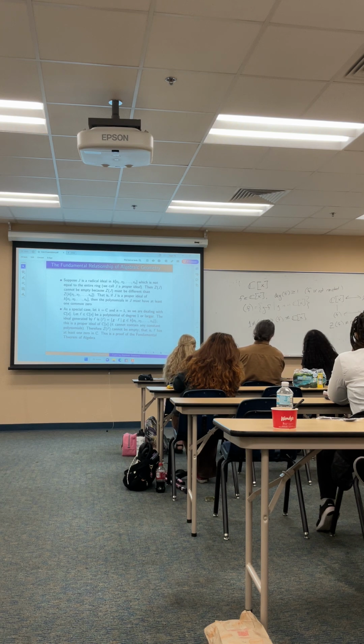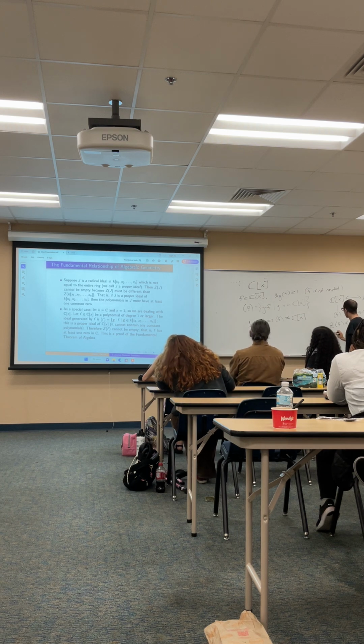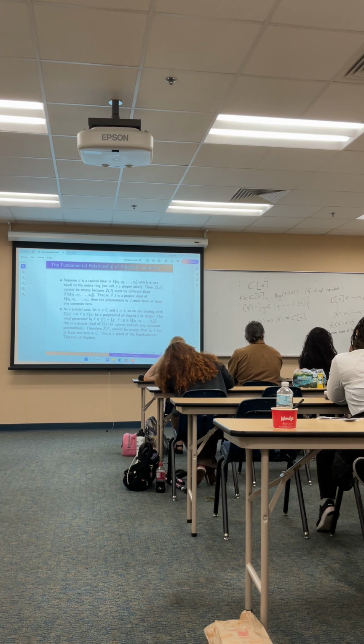The zero set of that polynomial cannot be empty. Or to say that in words, this polynomial has to have at least one zero in the complex numbers. Right, because its zero set's not empty, so there has to be at least one thing in it.